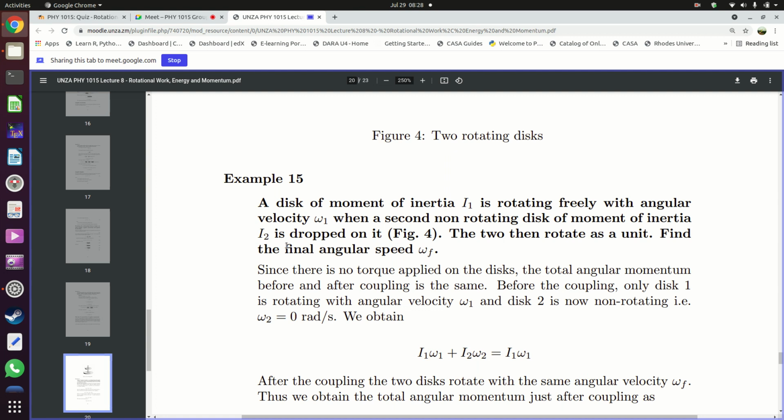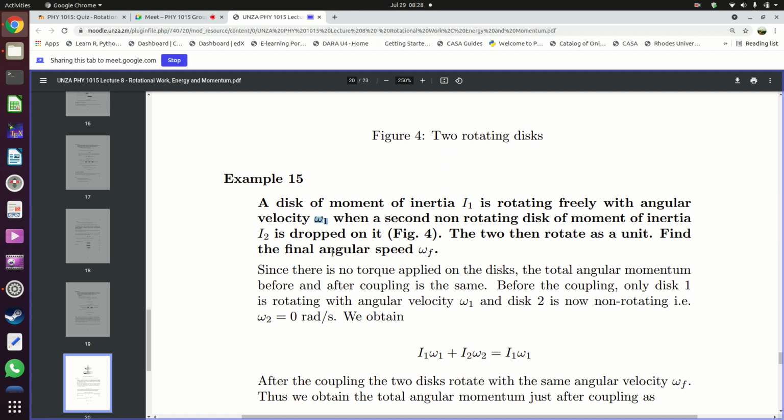So what have I written? A disk of moment of inertia I1 is rotating freely with angular velocity omega 1. When a second non-rotating disk of moment of inertia I2 is dropped on it, as shown in figure 4, the two then rotate as a unit.